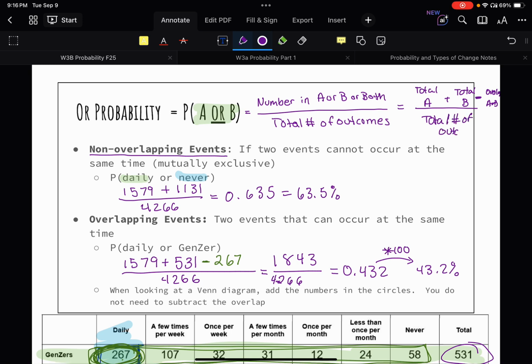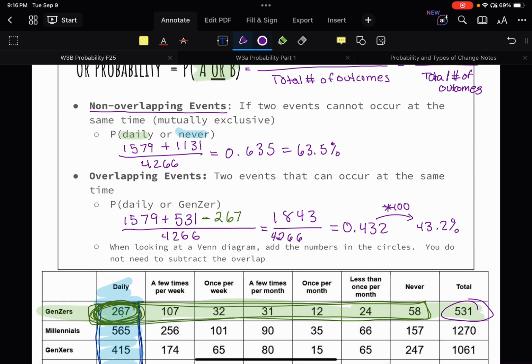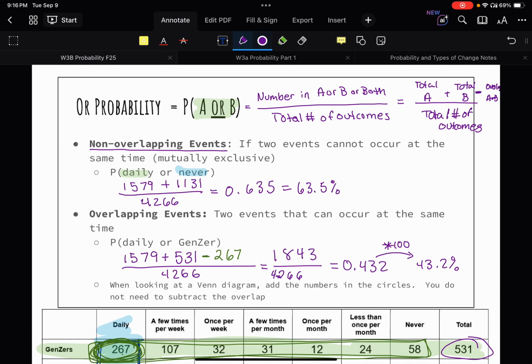But we want to be careful, because this strategy right here, this minus the overlap, only works in a contingency table. If it's in a Venn diagram, you really just want to think about it as the number in A or B. You're going to just be adding up stuff.